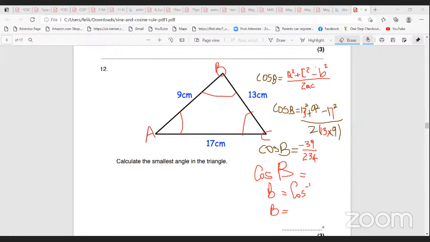Miss, when I did everything I got negative 39, then I divided by 2 times 13 times 9, and I got negative 0.29. Then I did the cos inverse and got 1.86, positive 1.86.